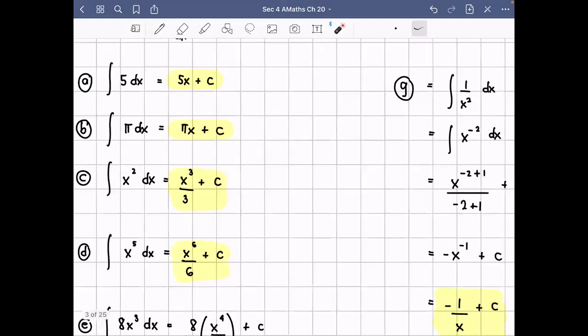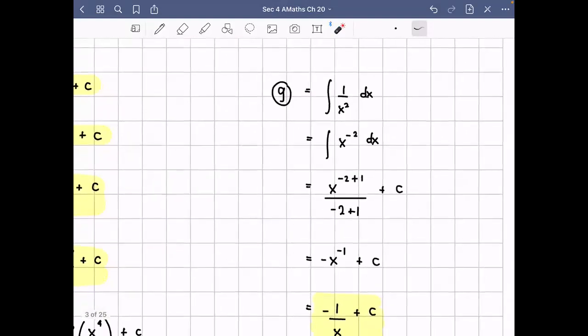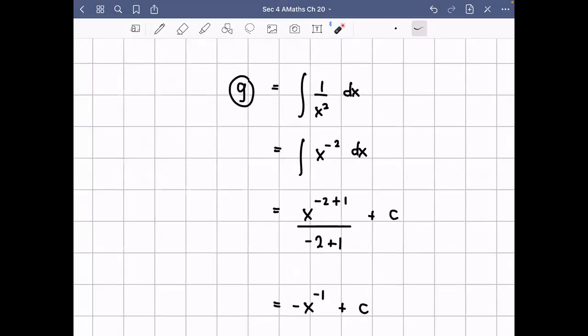Now what if we have a fraction? With this one, we just rewrite the question itself. So instead of integrating 1 over x squared, we rewrite it as x raised to negative 2, and we integrate this.